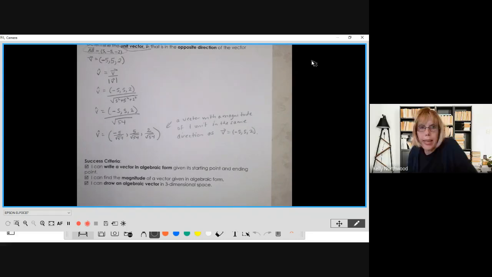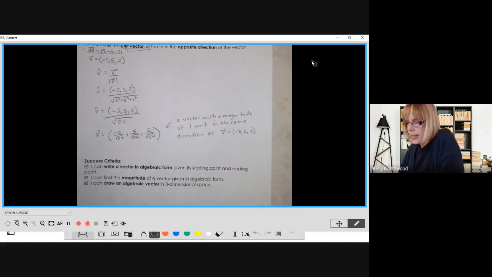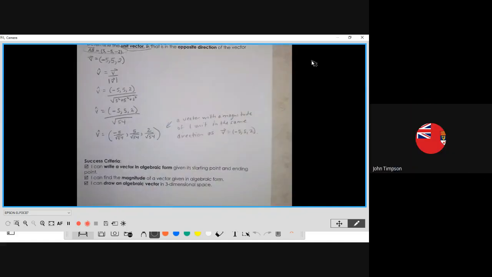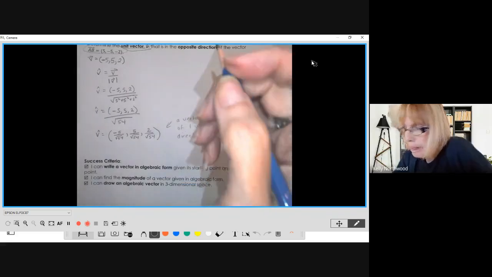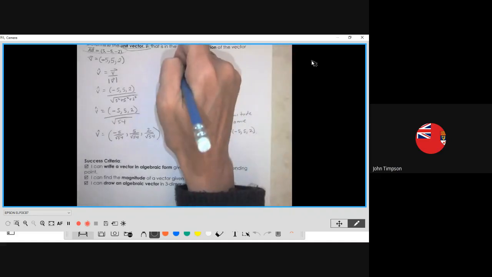Miss Northwood? Yep. I'm wondering, when we're getting the magnitudes of the vectors, we'll end up with radicals a lot of the time. Is it good to simplify those sometimes? Like say if you have square root of 50, to have 5 square root 2 or something like that?